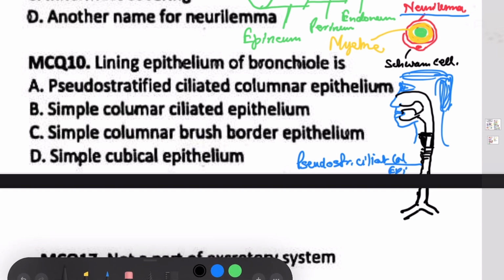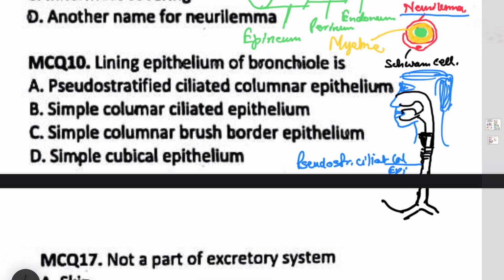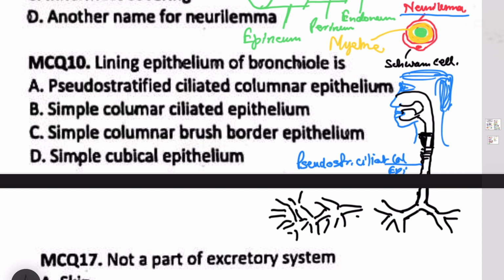And from the secondary bronchus, which is like 3 on the right side, 2 on the left side, then tertiary, right? Then a number of ramifications of branches, then terminal bronchioles.